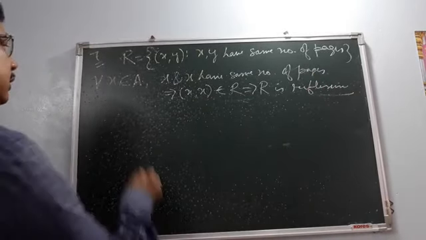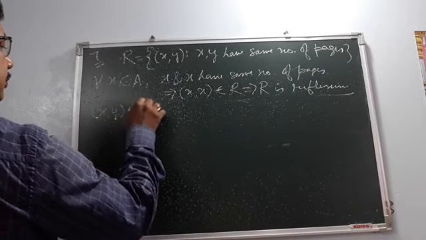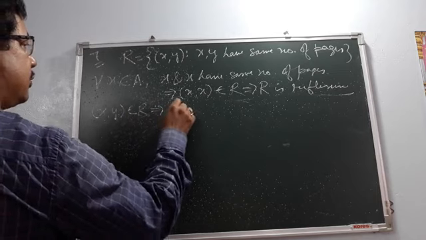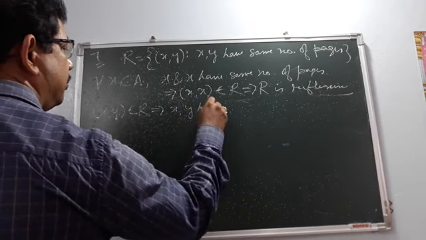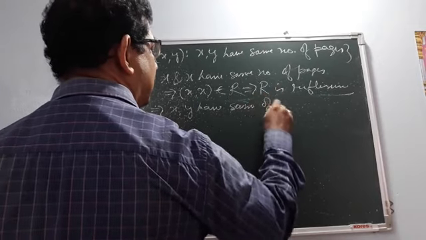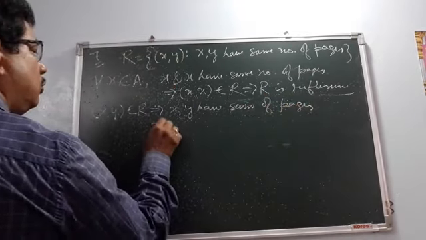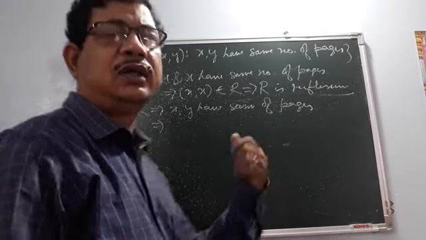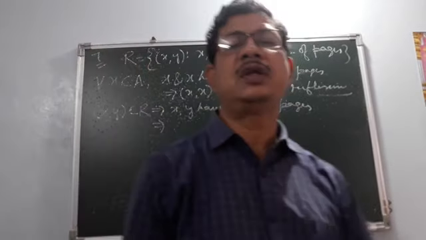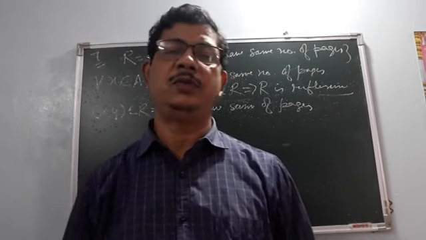So R is reflexive. Then (x, y) belongs to R implies x and y have the same number of pages. Now take two books, suppose physics volume 1 and maths volume 1 have the same number of pages.